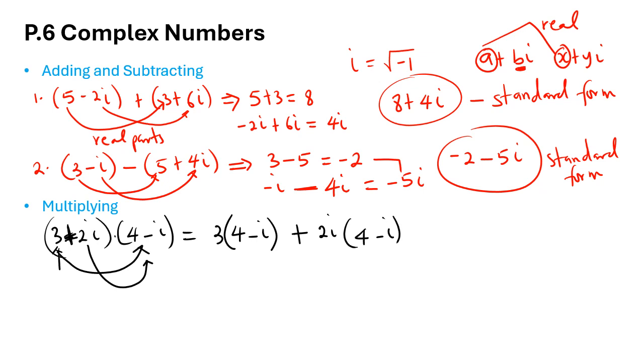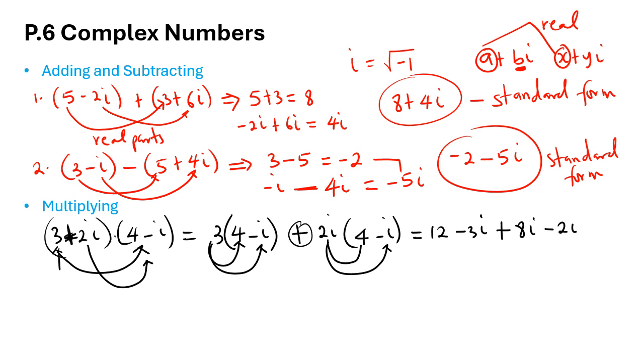The next thing we're going to do is distribute: 3 times 4 will be 12, and 3 times -i will be -3i. Then plus 2 times 4, that's going to be 8i, and 2 times -i will be -2i to the second power, because you're having i times i, which is i to the second power.